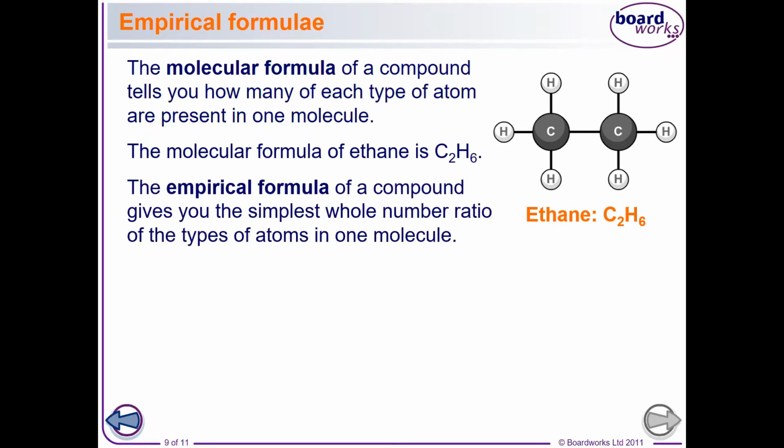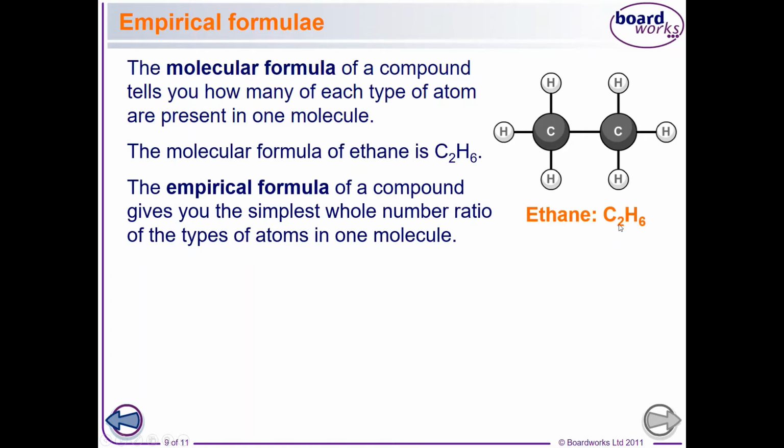However, if we wanted to know its empirical formula, well, that's a very different thing. And that's basically the simplest whole number ratio. And obviously, you should be familiar with ratio because you do it in maths.